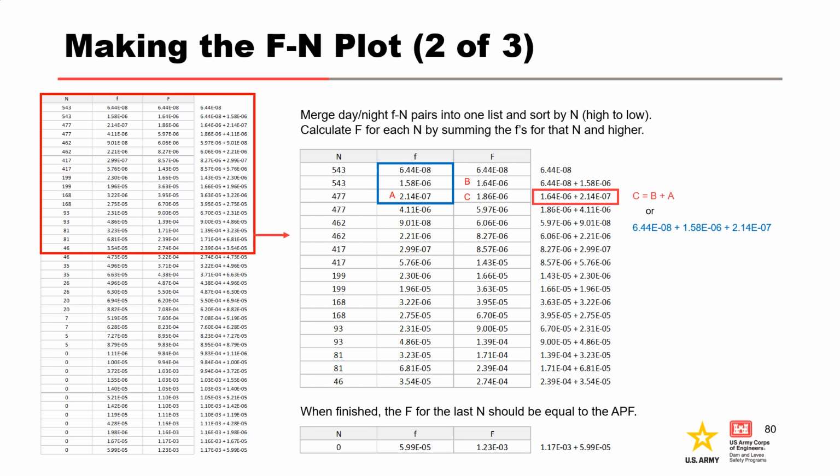And I'll continue that process until I reach the very bottom of the table. When finished, the cumulative probability, the big F for the lowest N, should be equal to the annual probability of failure for the project. So to reiterate, merge the FN pairs in one big list, sort high to low by N, then sum the partitions as you move down the table to calculate the cumulative probability.